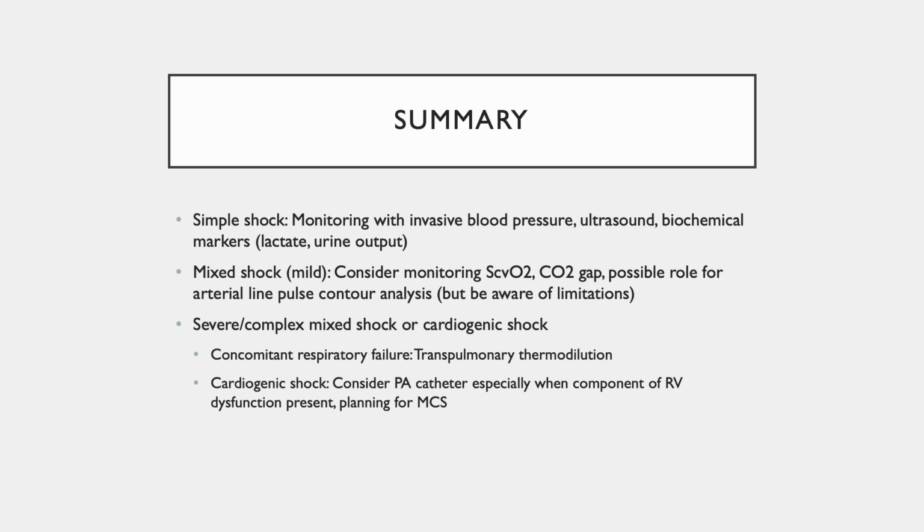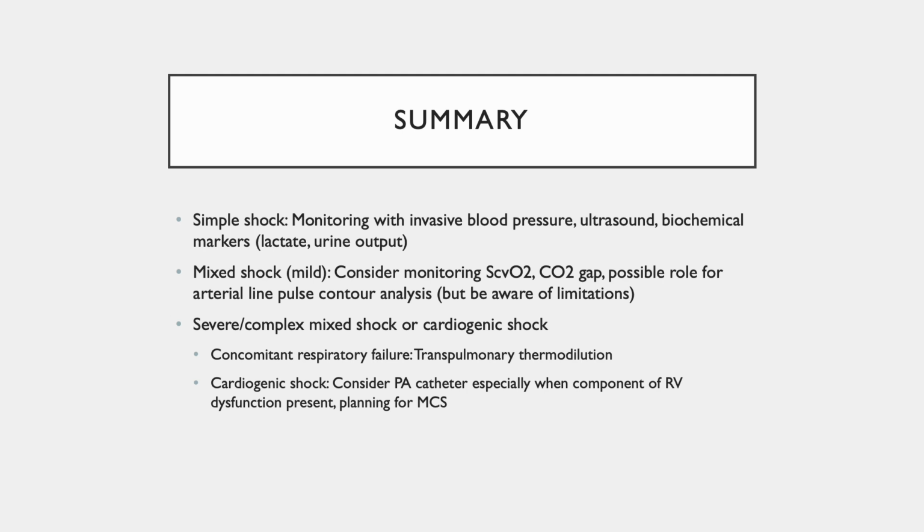In patients who are a bit more complex, where there might be a concomitant element of cardiogenic shock, consideration of monitoring central venous oximetry, CO2 gap, possibly with the use of arterial line pulse contour analysis can be considered. However, one should be aware of the limitations that have been discussed.